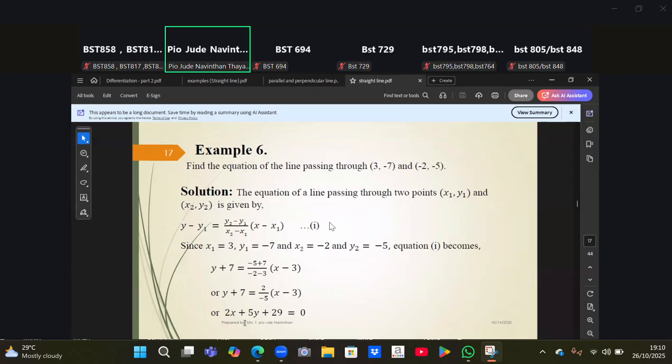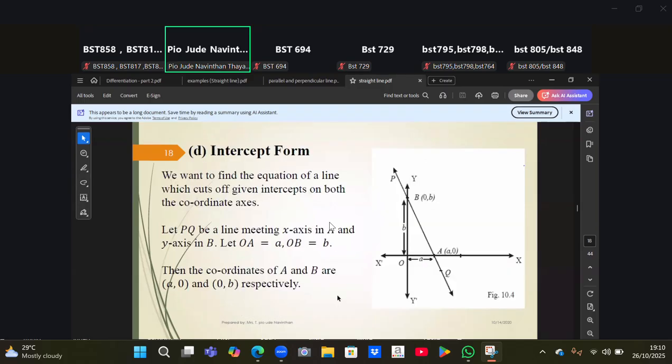Or ax plus by plus c is equal to 0. This is also a correct format, right? Linear format. Y is equal to mx plus c, the general format, right? This is the linear format. Intercept form, this I also already told you. X over x intercept plus y over y intercept is equal to what?